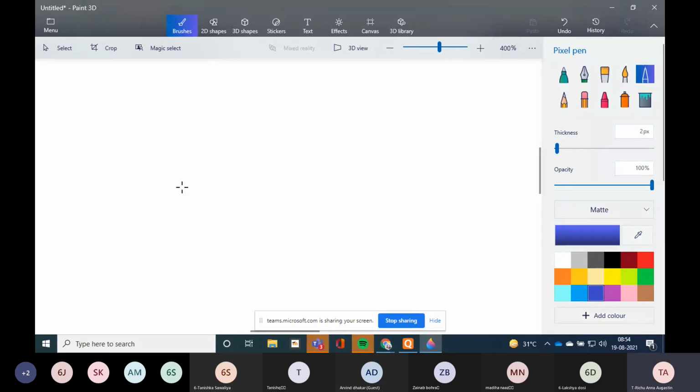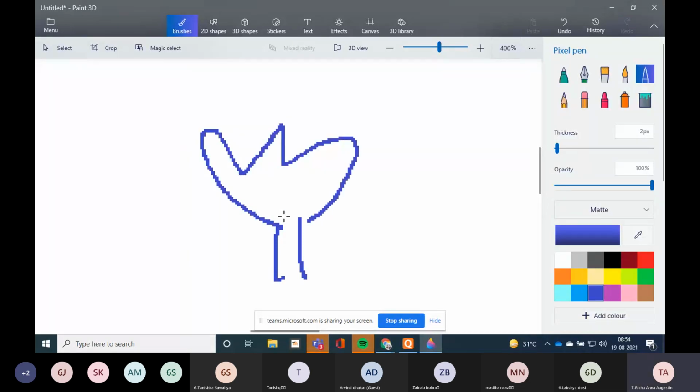The first one is self-pollination, in which only one flower is there. The stamens have anthers at the top, and the stigma is present in between.